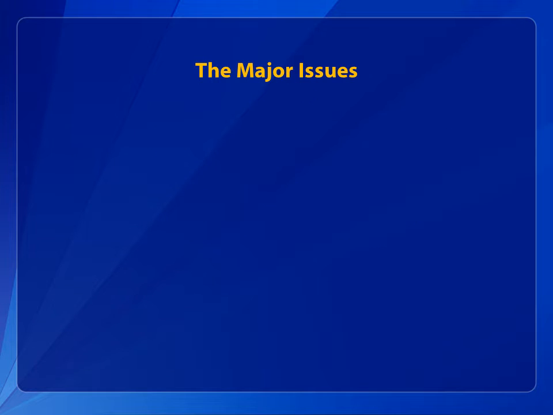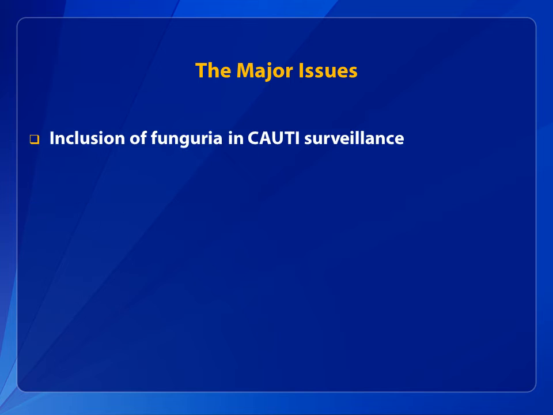Let's begin with the changes to the NHSN CAUTI definitions. NHSN receives a lot of user feedback about their surveillance modules. For CAUTI surveillance, NHSN users frequently identify four issues. First, many clinicians debated including fungi as pathogens for urinary tract infection, or UTI.